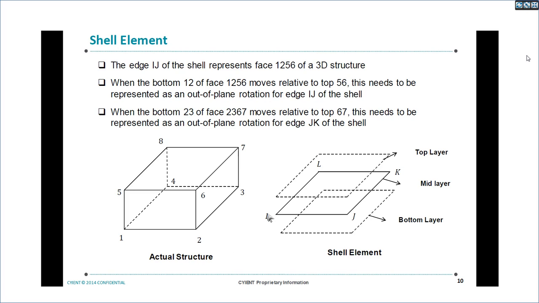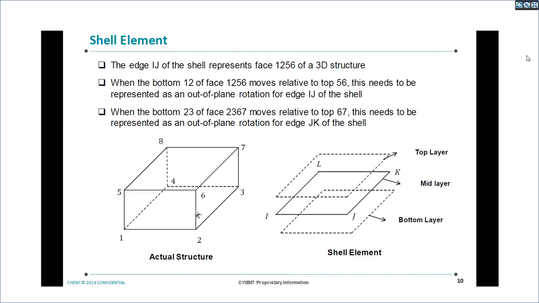So these faces are represented by lines. When the bottom edge 1 2 of face 1 2 5 6 moves relative to the top edge 5 6, then there will be a rotation.